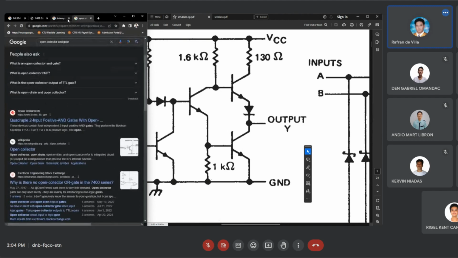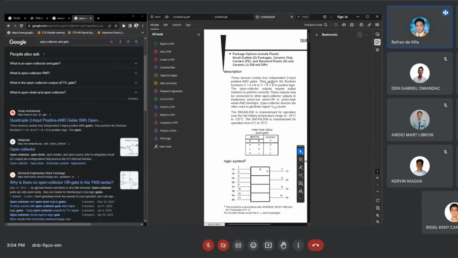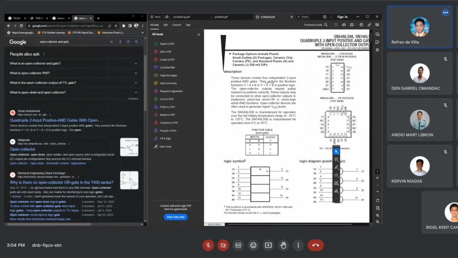Just so you can see the design. Okay. So this is a 7409 IC.